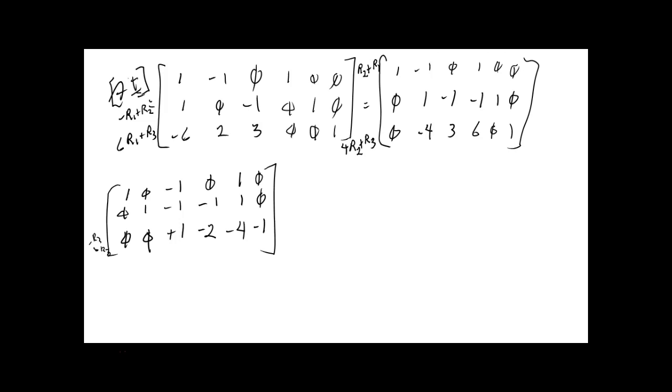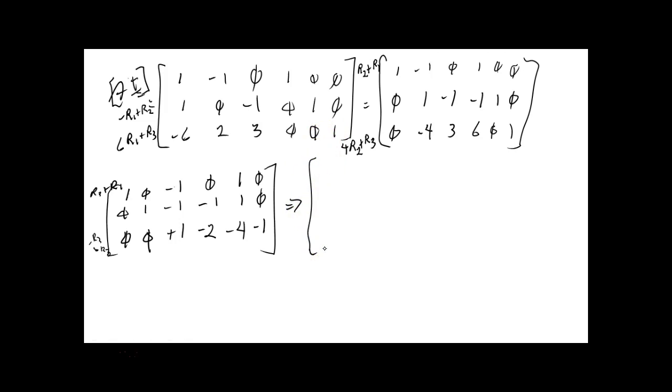Okay, what we want now is the entries above that leading 1 that we just changed to be 0. And that's going to be easy on both counts because you just add row 3 to row 1, and later we'll add row 3 to row 2. So row 3 plus row 1. Okay, that's going to be the next step.